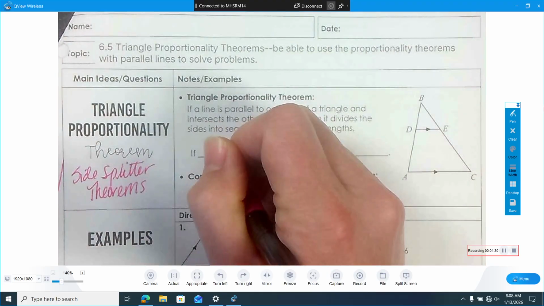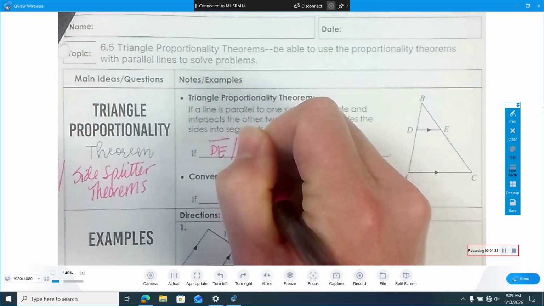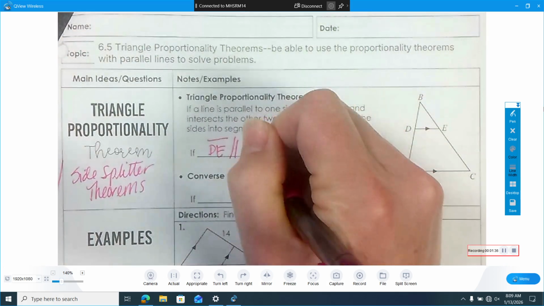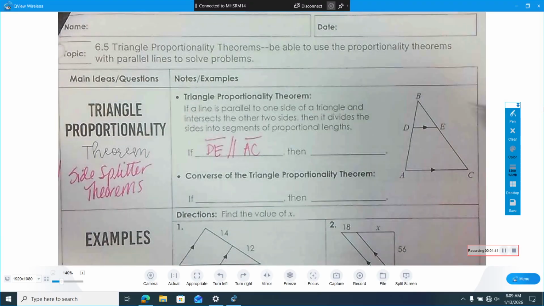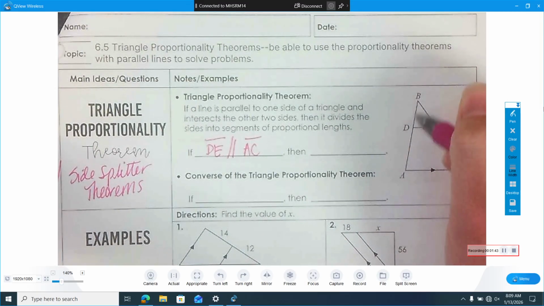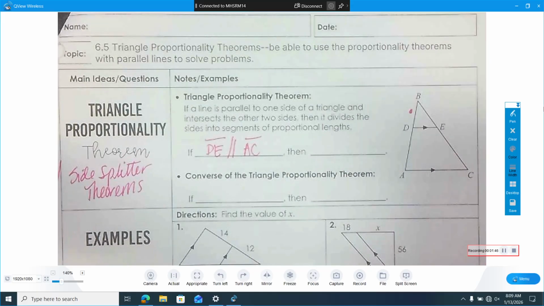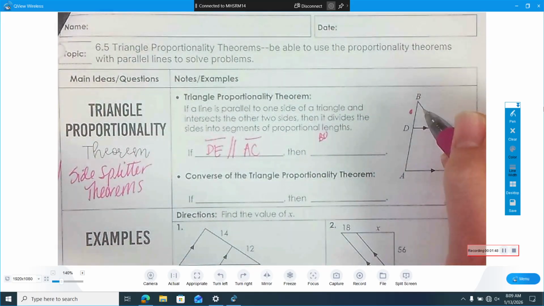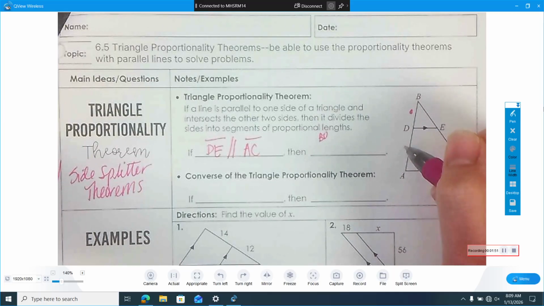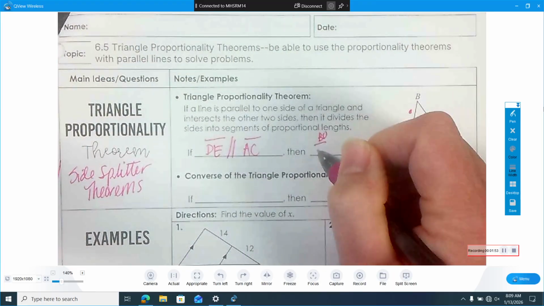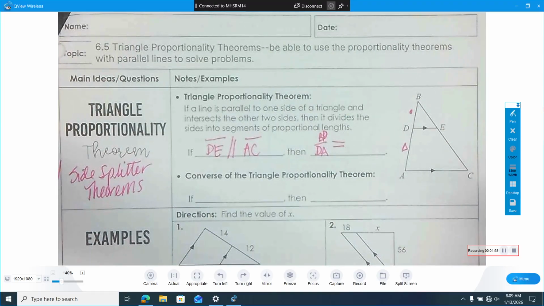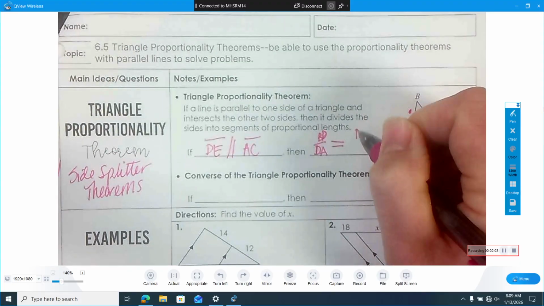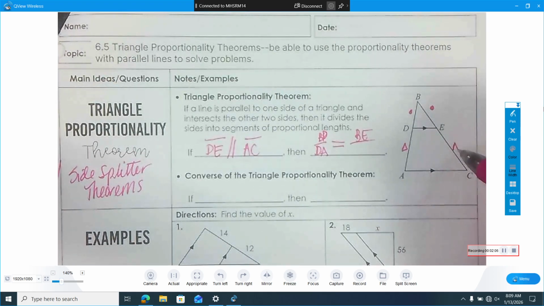So if segment DE is parallel to segment AC, as we have here in this picture, then we can say that these little sides, like side BD over this lower side DA, BD over DA is equal to, again, our little pieces of sides here, BE over EC.